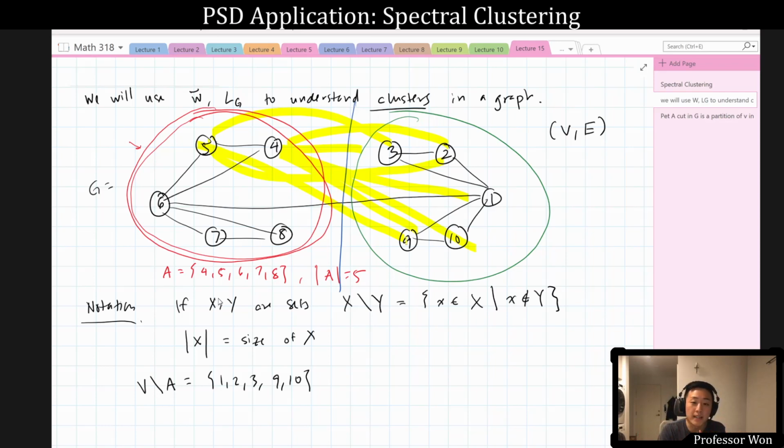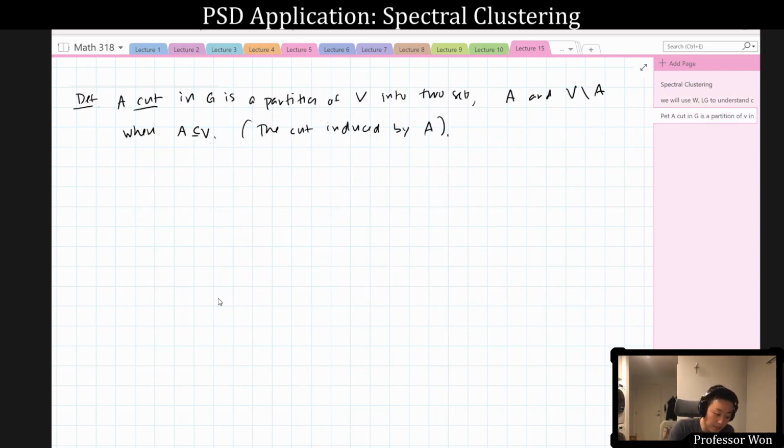It's the one that goes between 1 and 6. And so the fact that there are very few edges, way less than are possible, suggests that this group of vertices in A is not very connected to the rest of the graph. And so that's a metric that we can actually use.